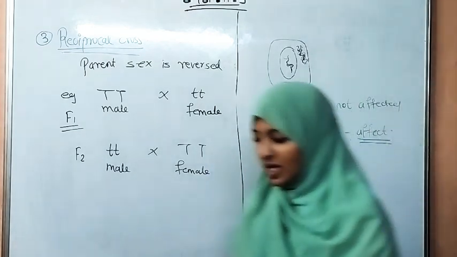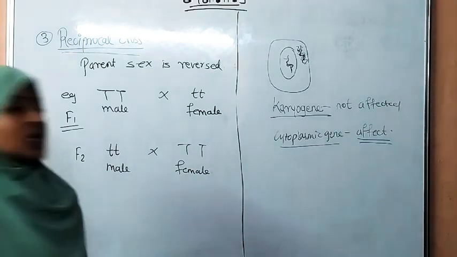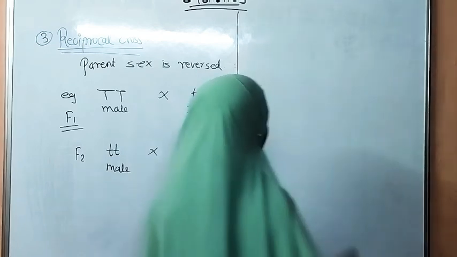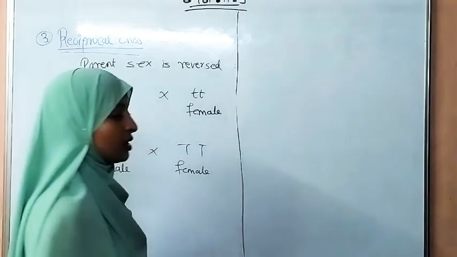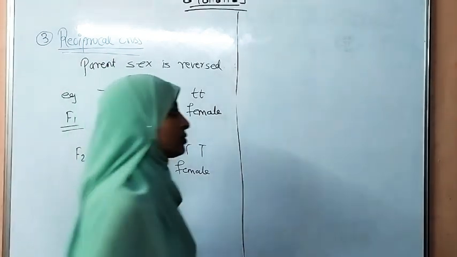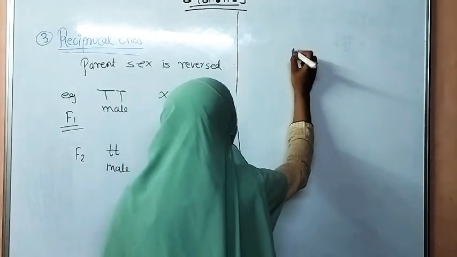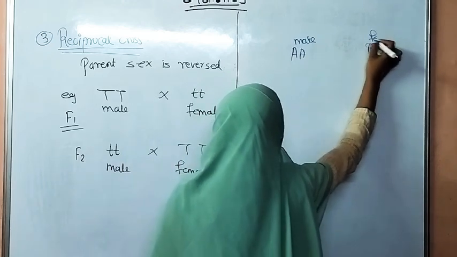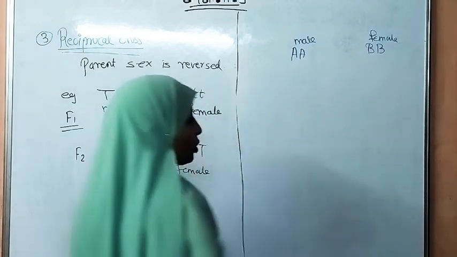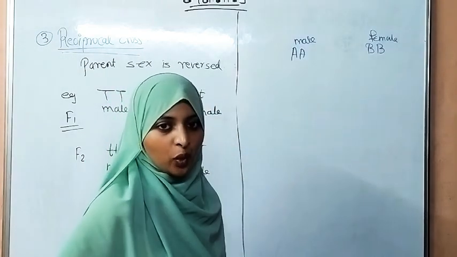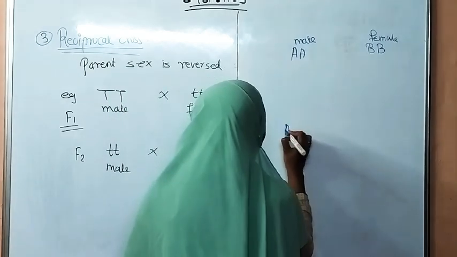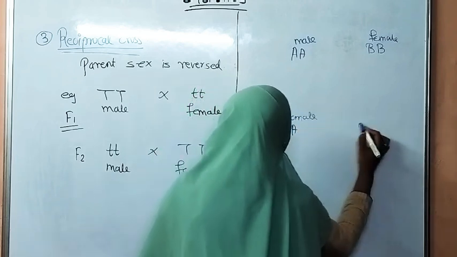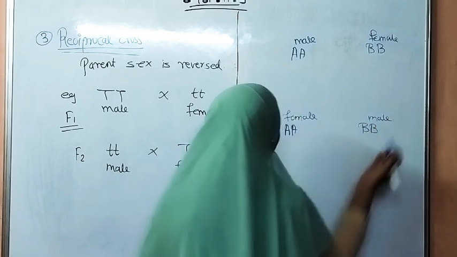We are going to take one more example. Consider A as a male parent and B as a female parent; then the offspring will be both male and female. But now A will be female and B will be male.